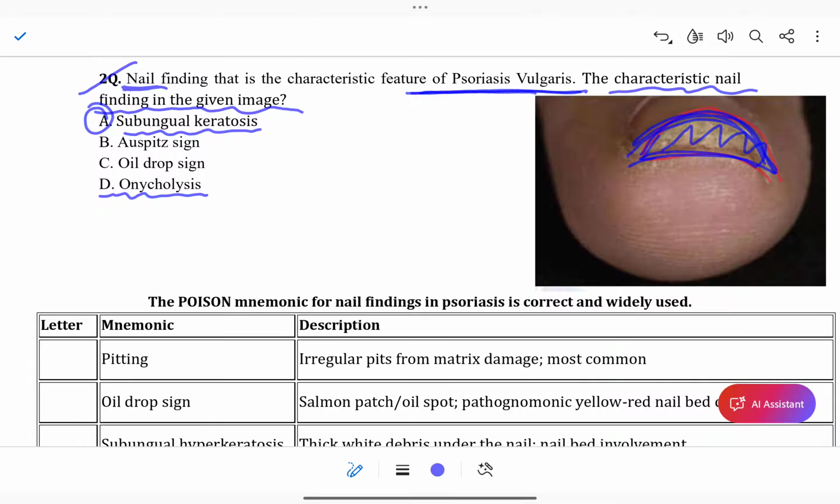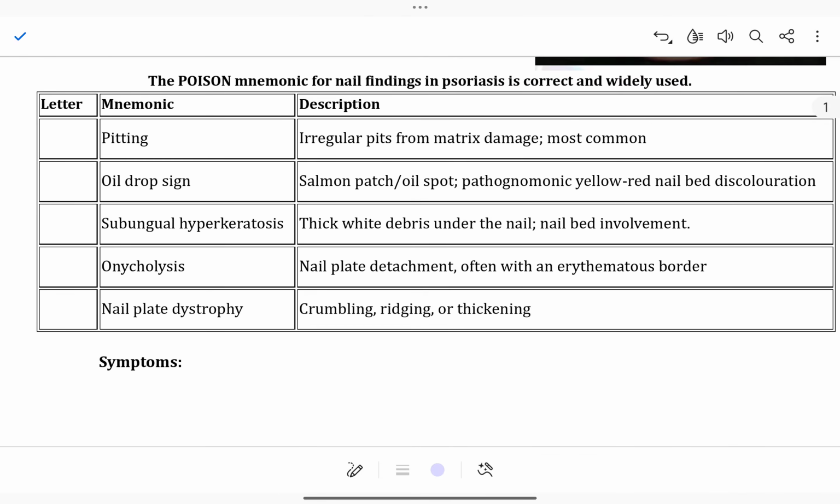The condition results from excessive proliferation of keratinocytes and failure to shed off from the stratum corneum. Answer is A.